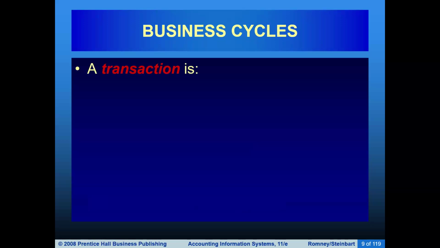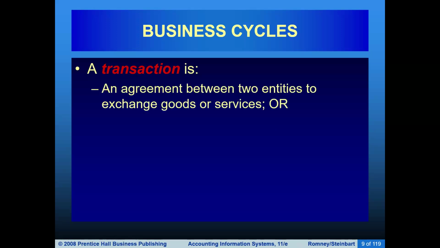Then, all these business processes, right? I told you similar transaction types we categorize as a cycle. That cycle we call a business cycle. A transaction, very simply, is an agreement between two entities.